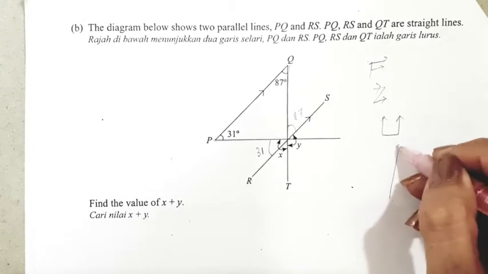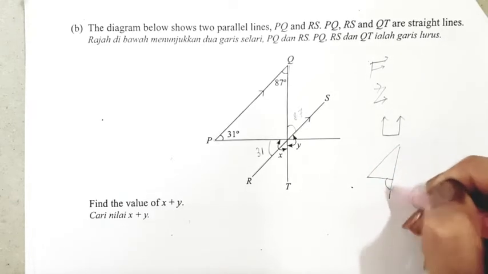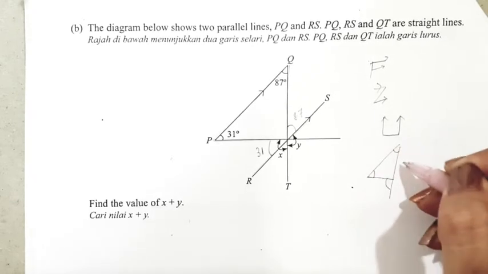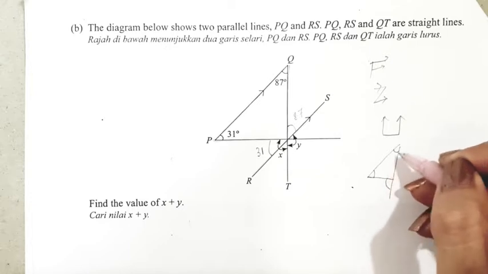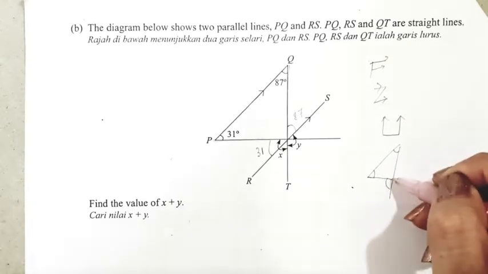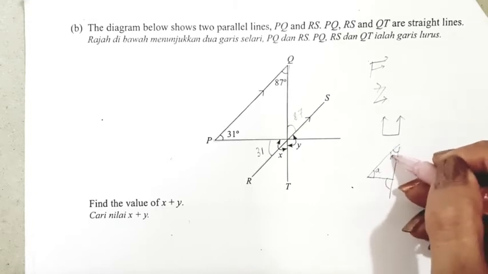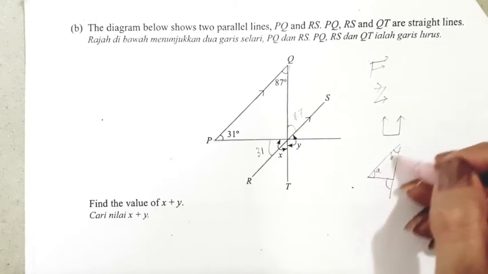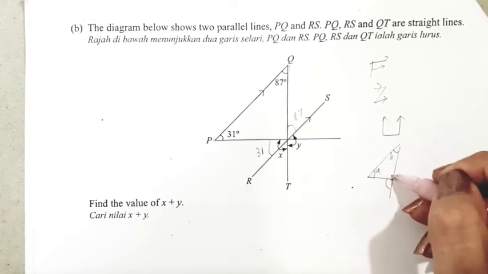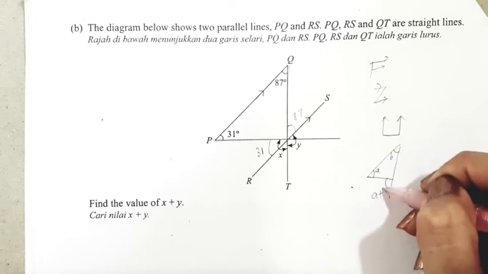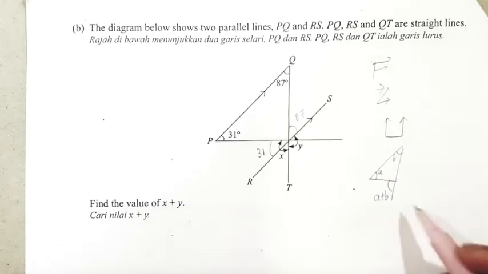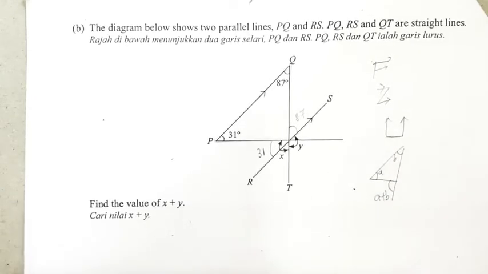So when you have the exterior angle, it is equivalent to the sum of the two opposite interior angles. So if this is A, this is B, the A plus B, these interior angles are opposite to this, so it's equivalent to the exterior angle. Use this concept so we can find the x right away.